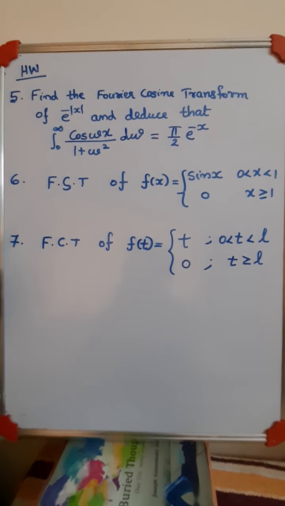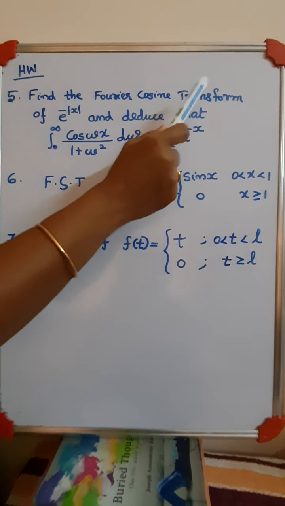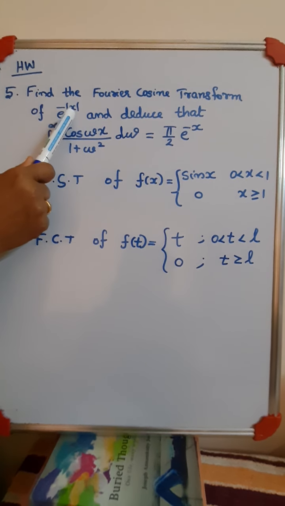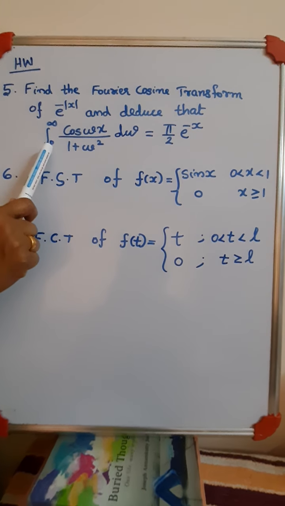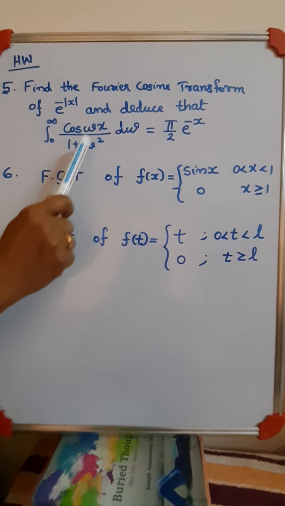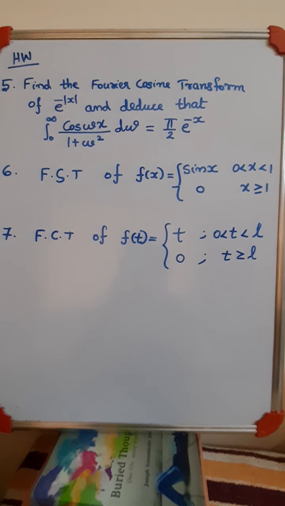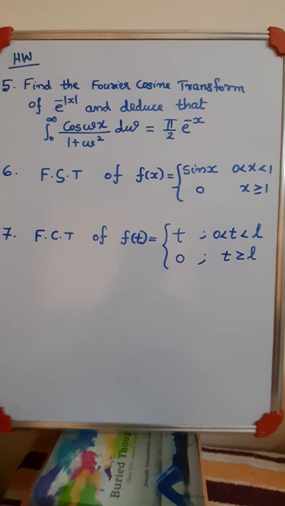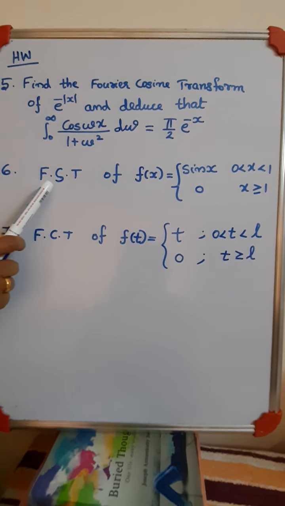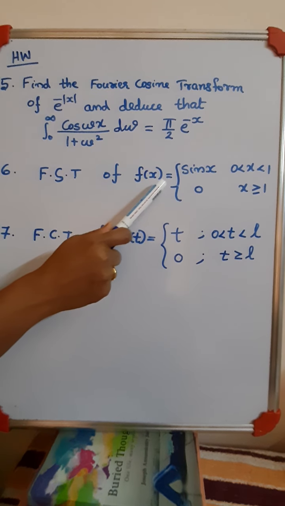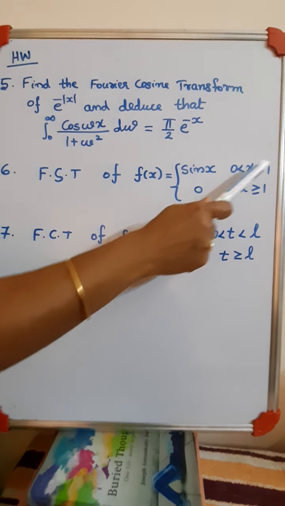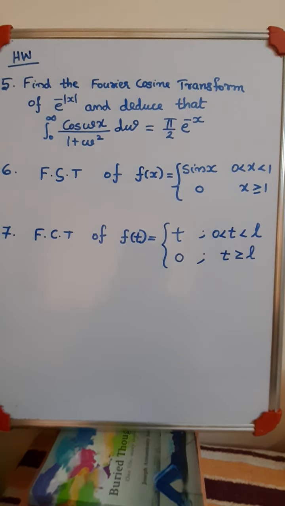There are three problems. First one, find the Fourier cosine transform of e raised to minus mod x and show that integral 0 to infinity cos omega x by 1 plus omega square d omega is equal to pi by 2 into e raised to minus x. Second question, find the Fourier sine transform of f(x) equal to sin x in the interval 0 to 1 and 0 otherwise.